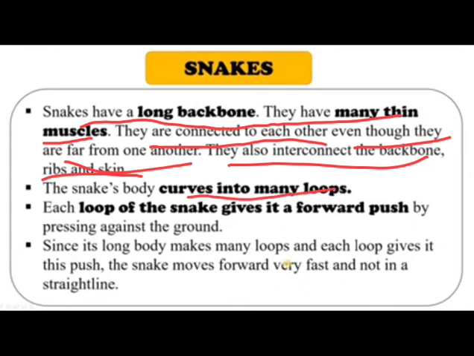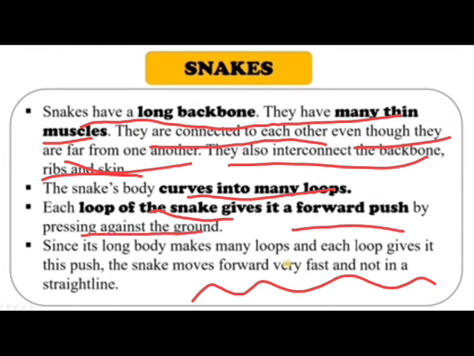So the snake moves by forming different kinds of loops like this. Each loop of the snake gives it a forward push by pressing against the ground. Since its long body makes many loops and each loop gives it this push, the snake moves forward very fast and not in a straight line.